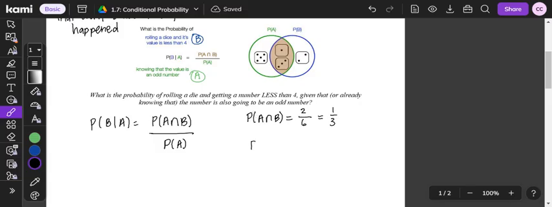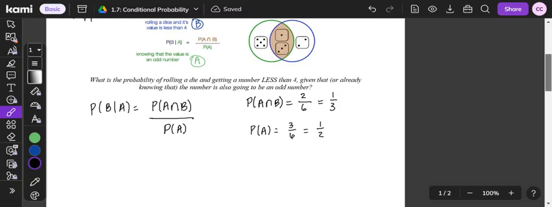Now I need to figure out just the probability of A. Remember, event A is all of the values that are odd. Well, that is 1, 3, and 5. So there are 3 out of 6 choices on a die. In other words, I have a 1/2 probability.